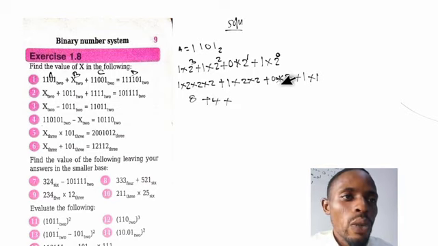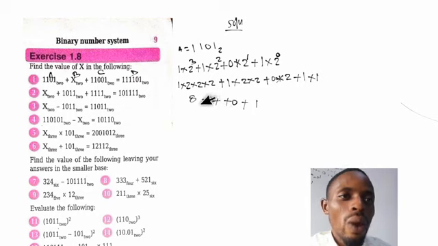The next one is 0 times 2, which gives us 0, plus, and the next one 1 times 1, we have 1. When we add it together, 8 plus 4 is 12, plus 1 is 13. So you have 13 now in base 10. When you convert this to base 10, we have 13 in base 10.